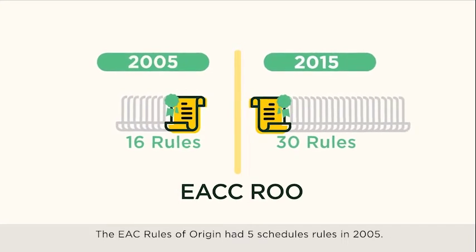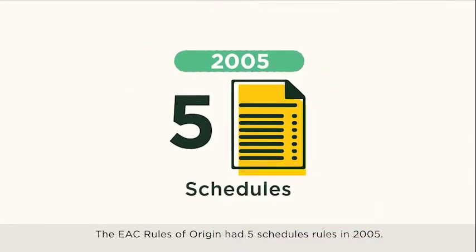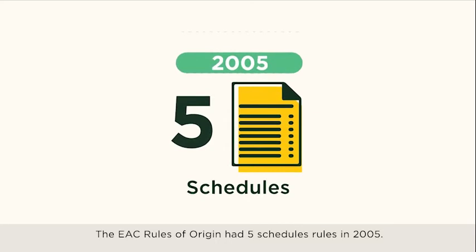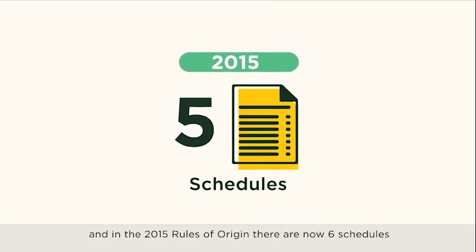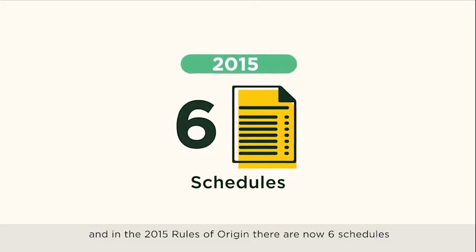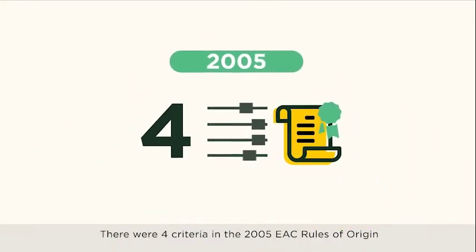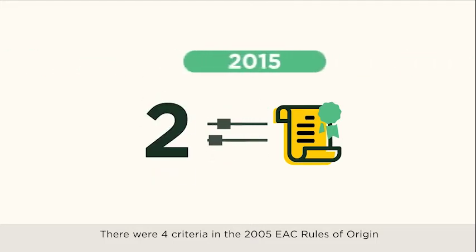The EAC Rules of Origin had 5 schedules of rules in 2005, and in the 2015 Rules of Origin, there are now 6 schedules. There were 4 criteria in the 2005 EAC Rules of Origin, whereas there are 2 in the 2015 EAC Rules of Origin.